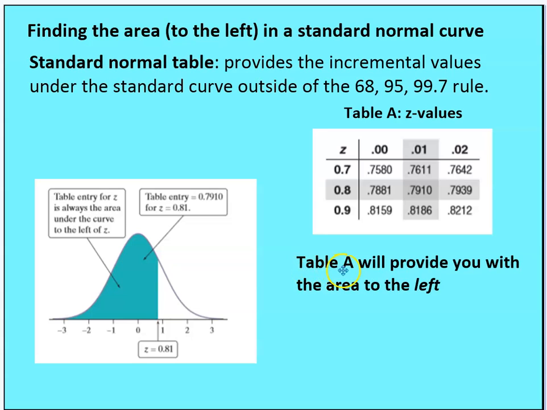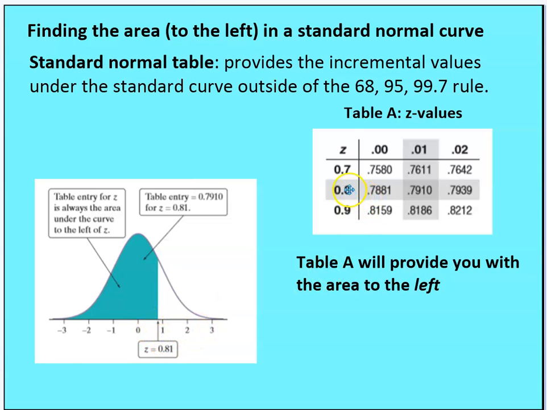Table A will provide you with the area to the left of a given z-score. So if in this case my z-score is 0.81, I'm trying to find the number of data points within the standard normal curve, or percent, that is to the left of a z-score of 0.81.